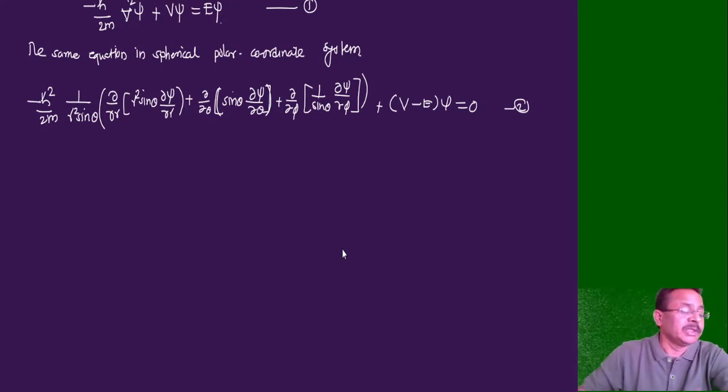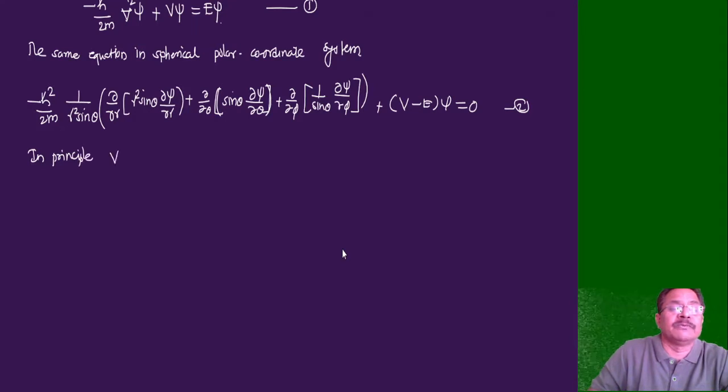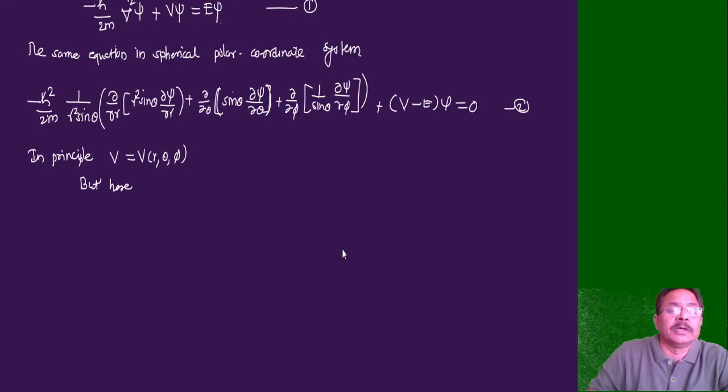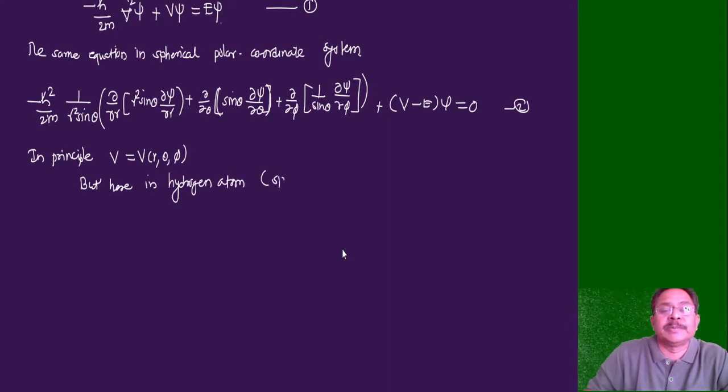Now in principle, in this case, V is a function of r, theta and phi. But here in the hydrogen atom, because of spherical symmetry, what is that?